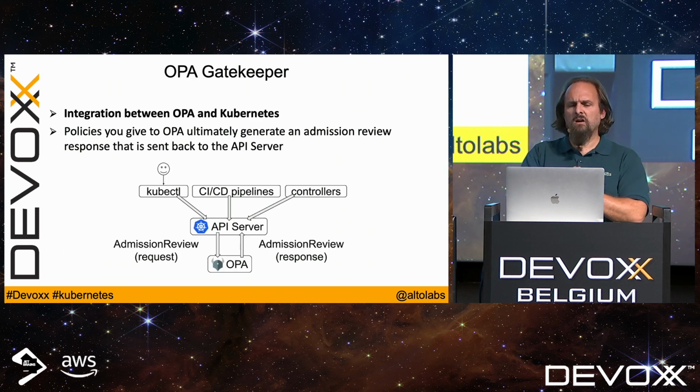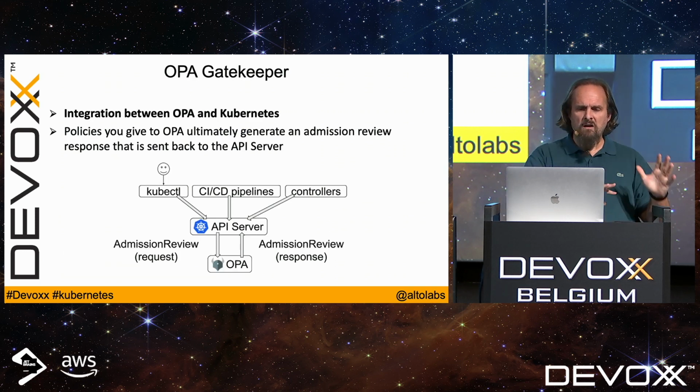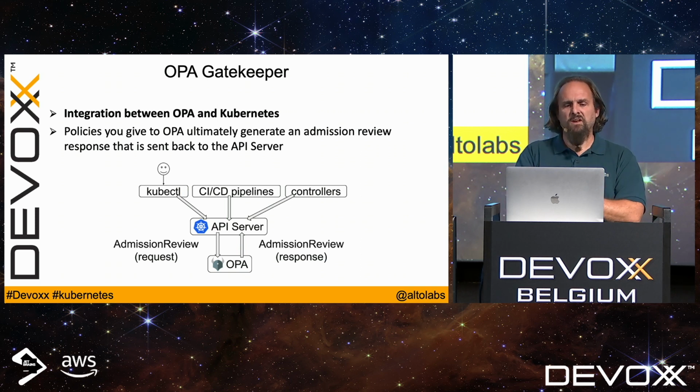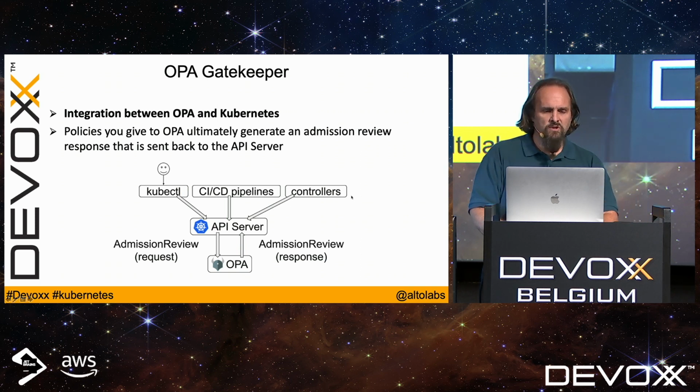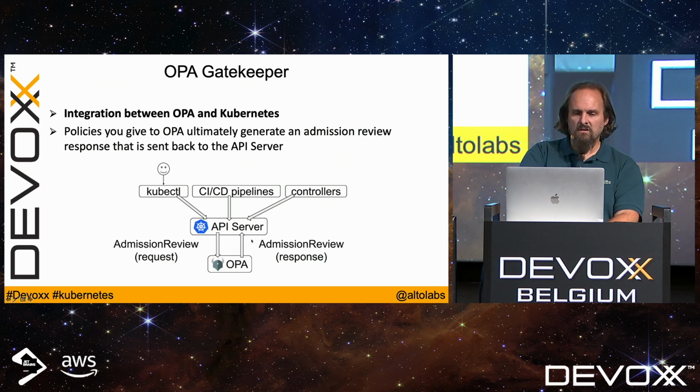So the relation between OPA and Kubernetes is this Gatekeeper that I mentioned, where basically we do an apply on the API server, and OPA decides whether or not it should accept it and sends an admission review response to accept or not the resource.